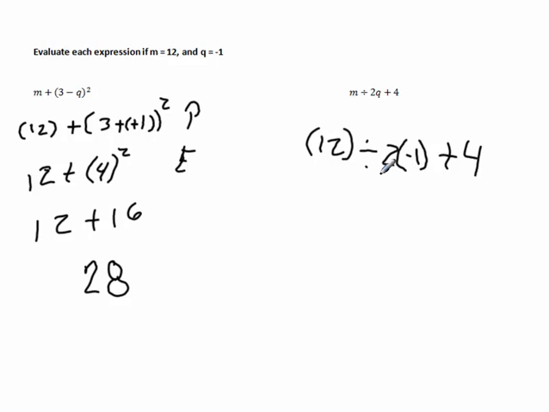So inside the parentheses we just have a number, so there's no further simplification there. And then we go to exponents. I don't have any exponents. And multiplication, I do have multiplication, 2 times negative 1. So I have 12 divided by negative 2 and add 4.